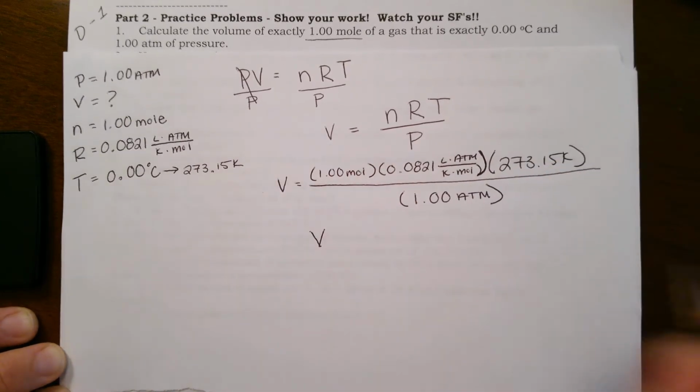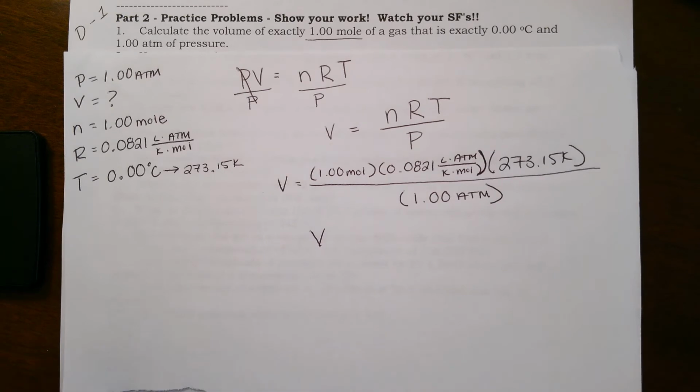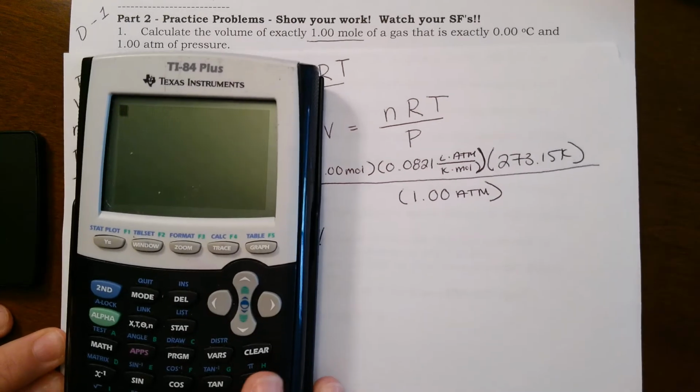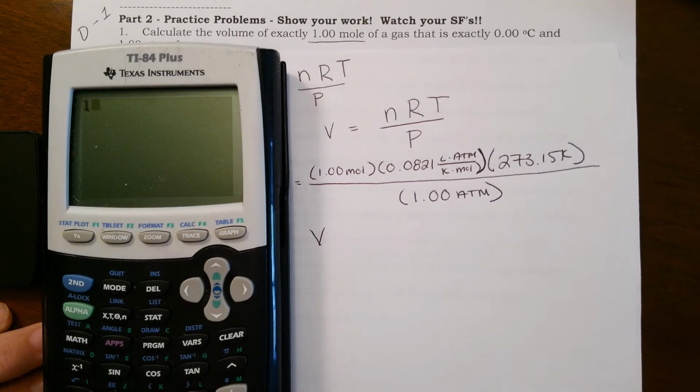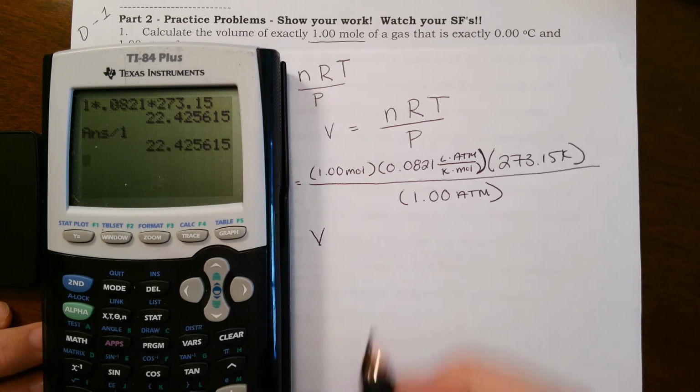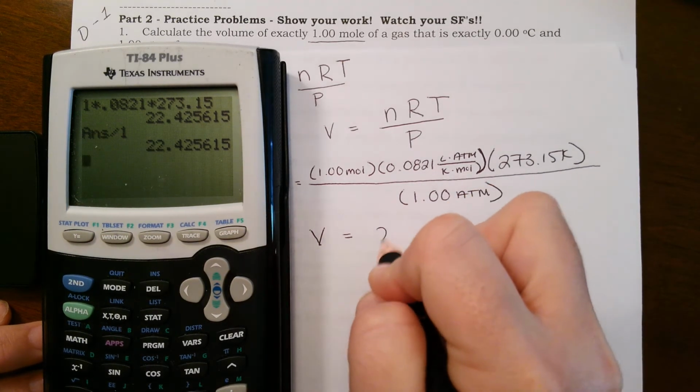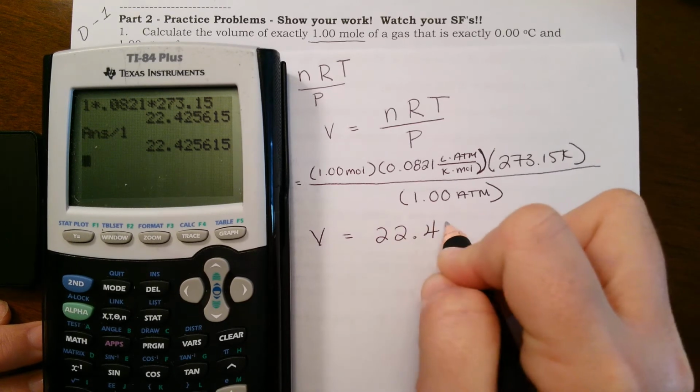Perfect. So let's plug that into our calculator. We're going to say 1 times 0.0821 times 273.15. And anything divided by 1 is itself. So we'll go ahead and round it to 22.4 liters.